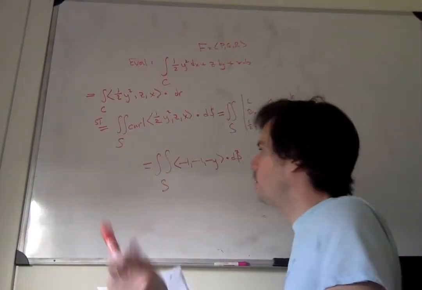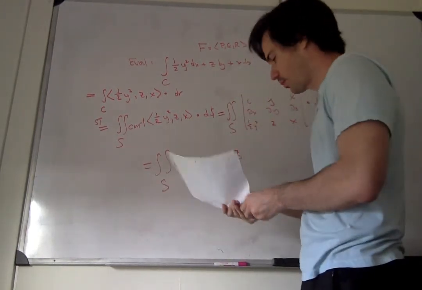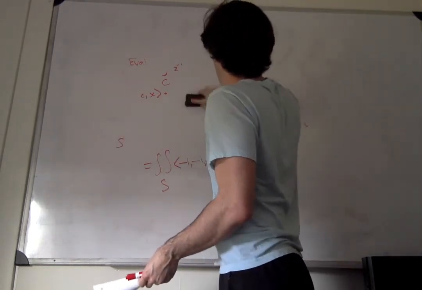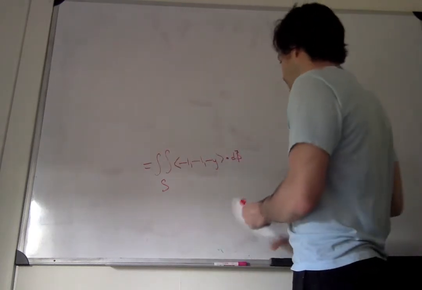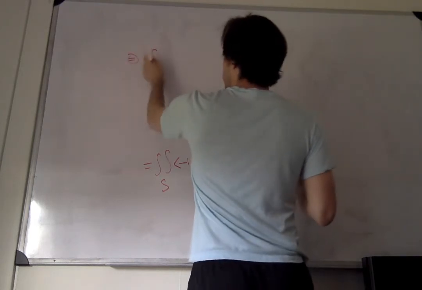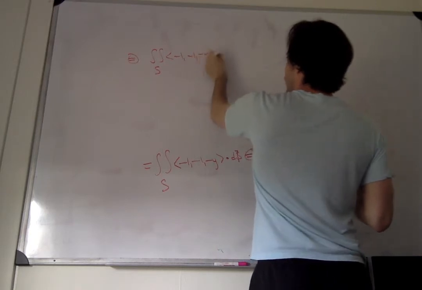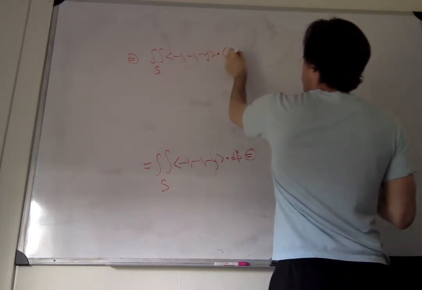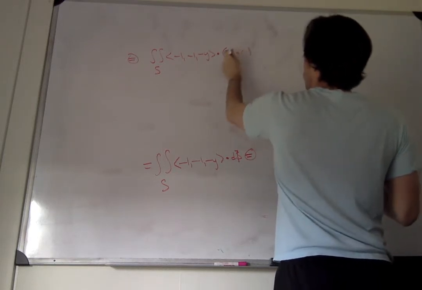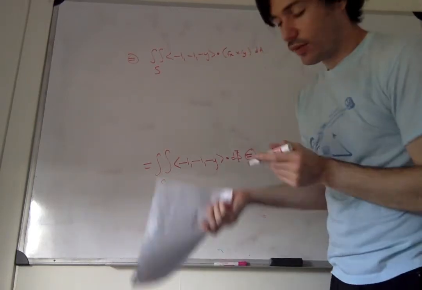Okay, so what now? Well, I need more room, so I'm going to say this is equal to the double integral of -1, -1, negative y dot r_x cross r_y dA. Okay, so what are r_x and r_y?